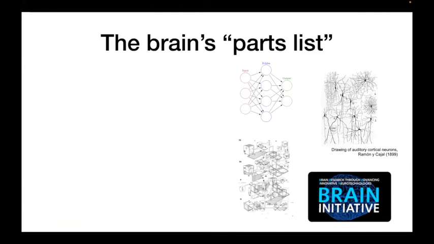This was the first goal of the Brain Initiative, to define a parts list for the brain. I like to compare the biological parts list of the brain with artificial neural networks. AI and machine learning have been so revolutionary the last few years, but the components that typical neural networks are built out of are relatively homogeneous.